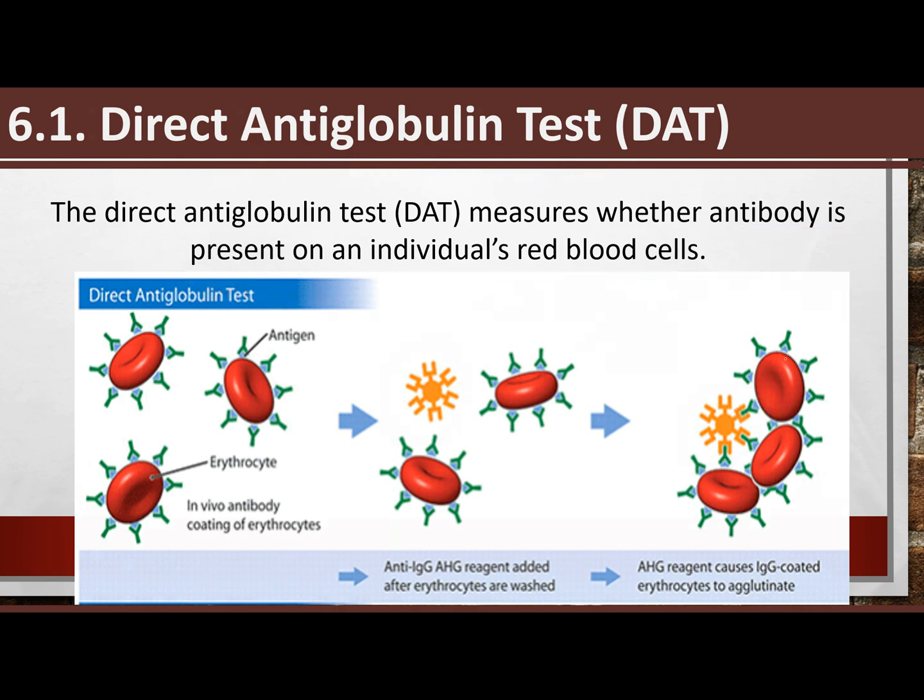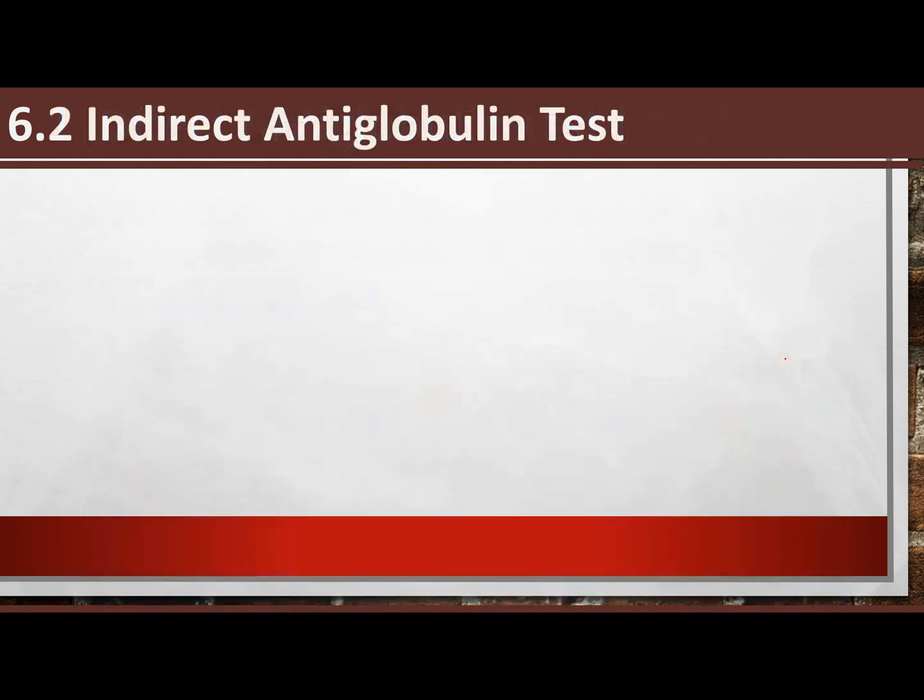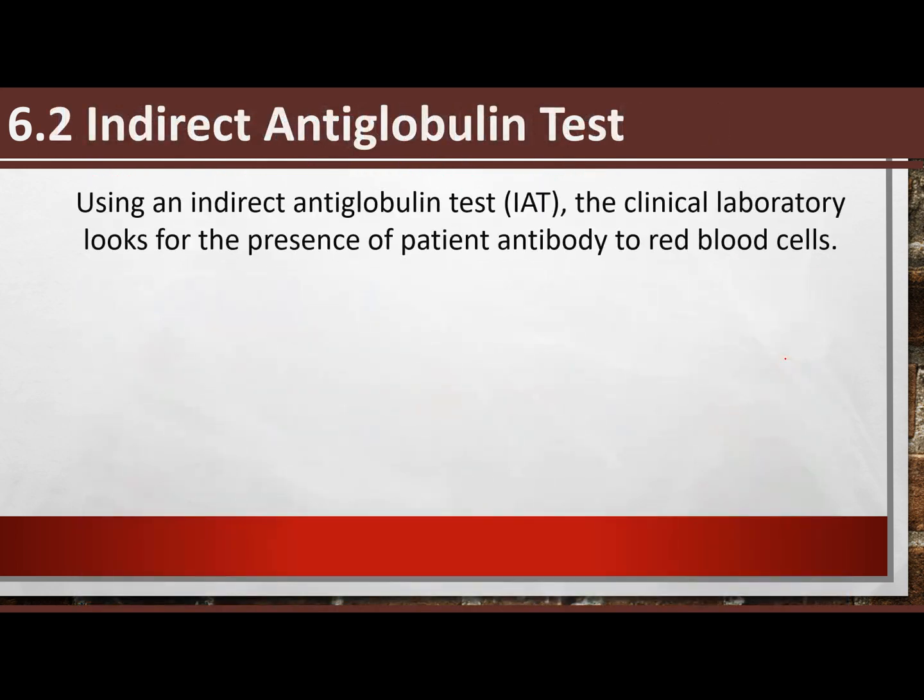So that's your DAT. Now let's go to another one, the indirect. Let's go to the indirect antiglobulin test. So when we talk about the indirect antiglobulin test, you're looking for the presence of patient antibody to red blood cell. So if it's IAT, this is a test for in vitro sensitization.